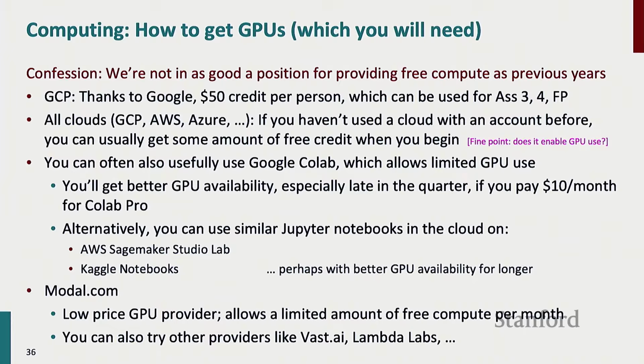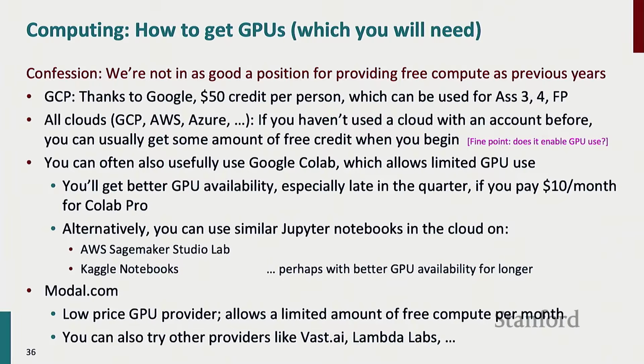There are the sort of Jupyter notebooks in the cloud. So the most used one is Google Colab, which allows limited GPU use. It often tends to get tighter later in the quarter, so you might find it a good investment to not have a couple of lattes and pay $10 a month to get Colab Pro, which gives you much better access to GPUs. But there are alternatives to that which you might also want to look at.